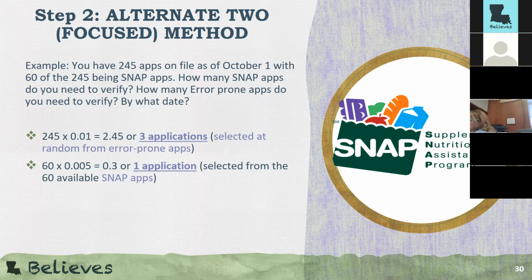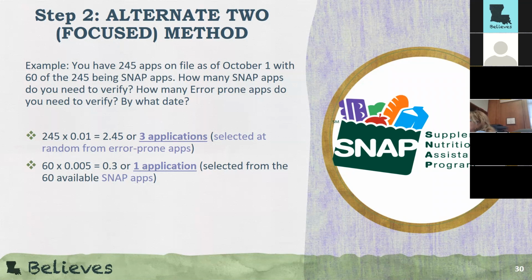Next, we will calculate the number of SNAP applications we need to verify. We will multiply the number of SNAP applications on file. Remember that these applications have SNAP numbers that were not found on the direct certification SNAP list. You will multiply that by 1%.